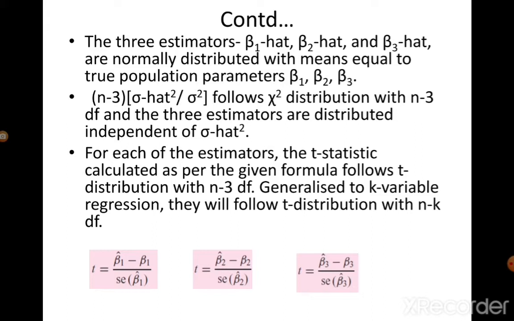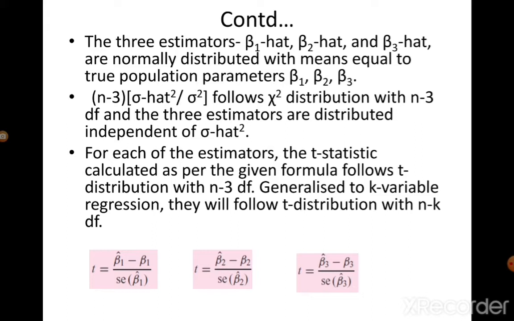Similarly, when you take several samples from the same population and you estimate beta 2 hat, the mean of the beta 2 hat values for several samples will be equal to the population parameter beta 2. That is what the term unbiased means.